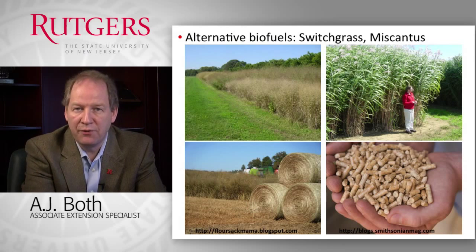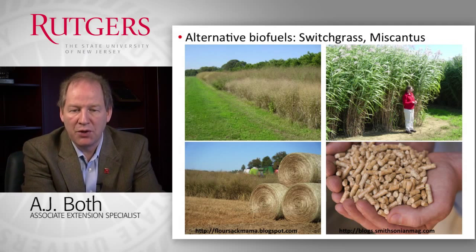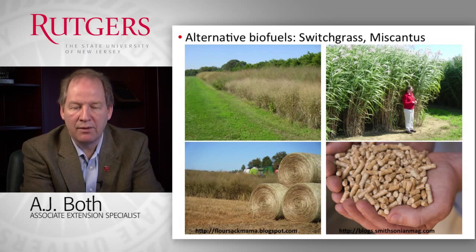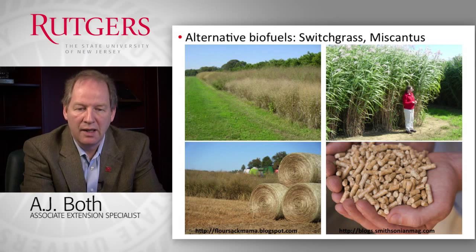We can also use different biomass sources other than wood, and here you see examples on the upper left hand side of switchgrass, or on the upper right hand side of miscanthus, two large growing grass varieties that can be used and harvested.